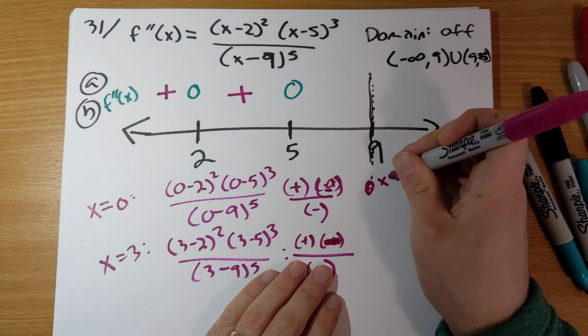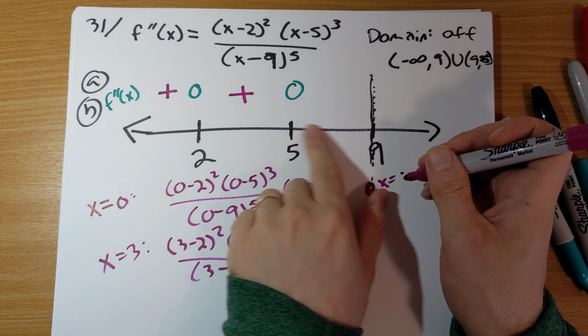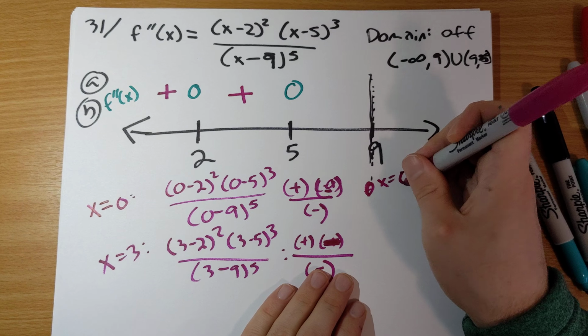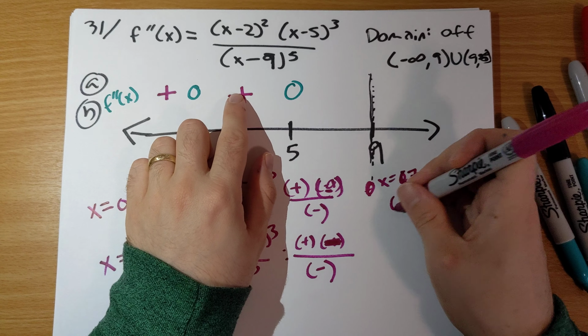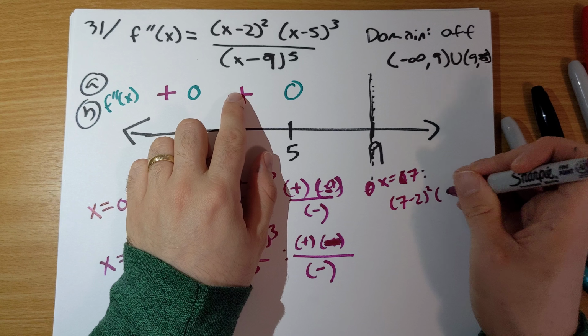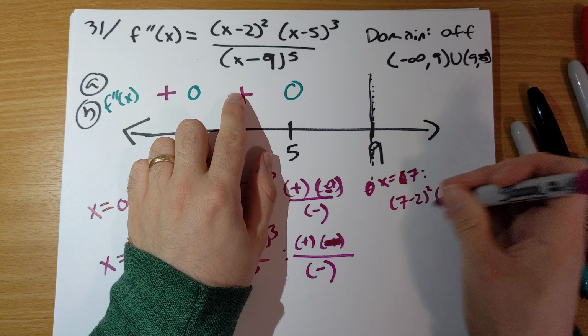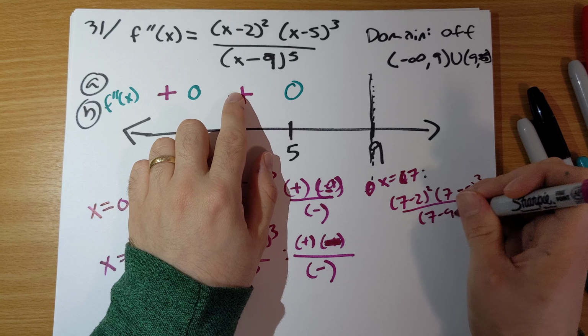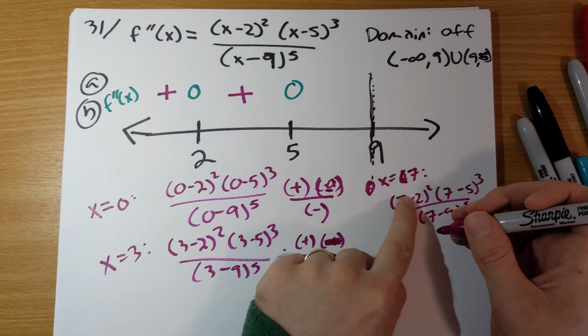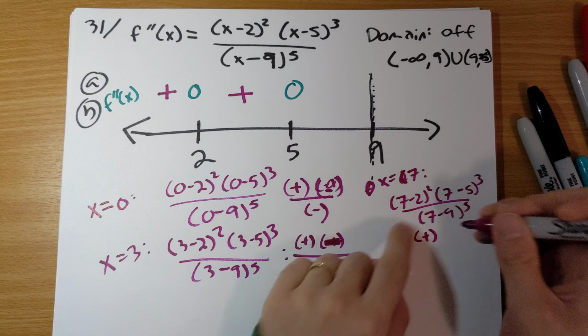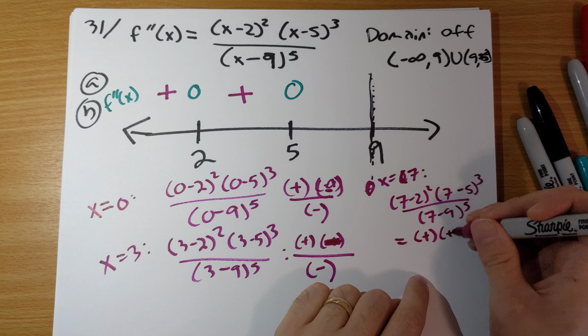How about something between 5 and 9, like x equal to 7? We would have (7 minus 2) squared times (7 minus 5) cubed over (7 minus 9) to the fifth. So this would be something positive, and this term would also be positive.